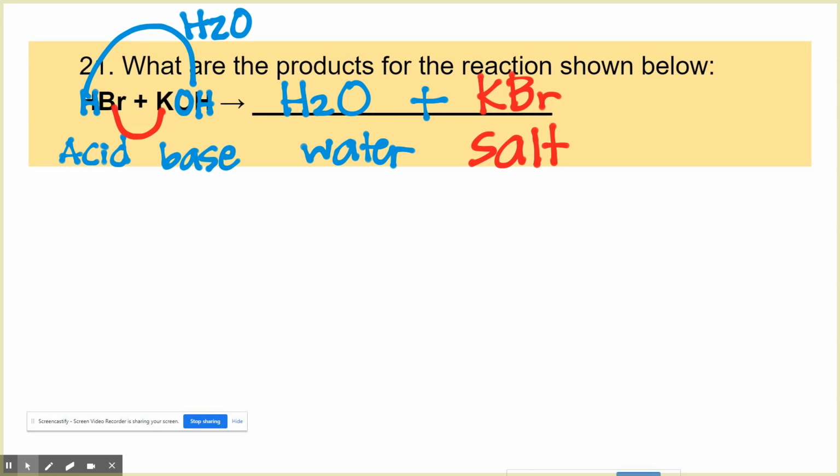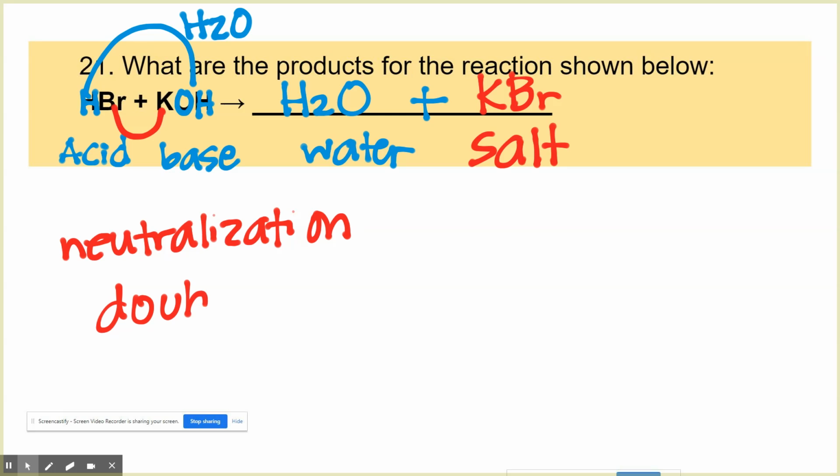And this is an acid-base reaction or a neutralization reaction. And again, guys, this is double replacement right there.